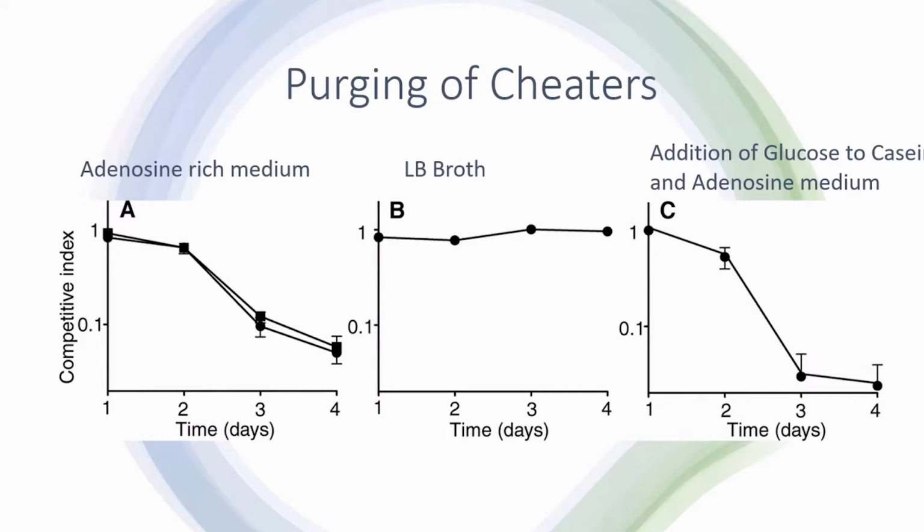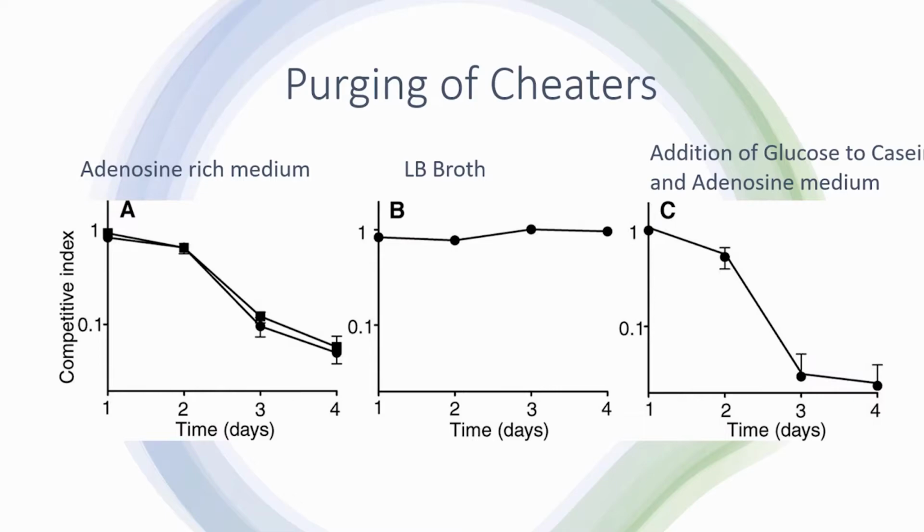So the next point that I wanted to go over was the idea that we purge cheaters. And this one's a little bit shorter. There's only 3 experiments done, and there were 3 different cases that they explored to figure this out.